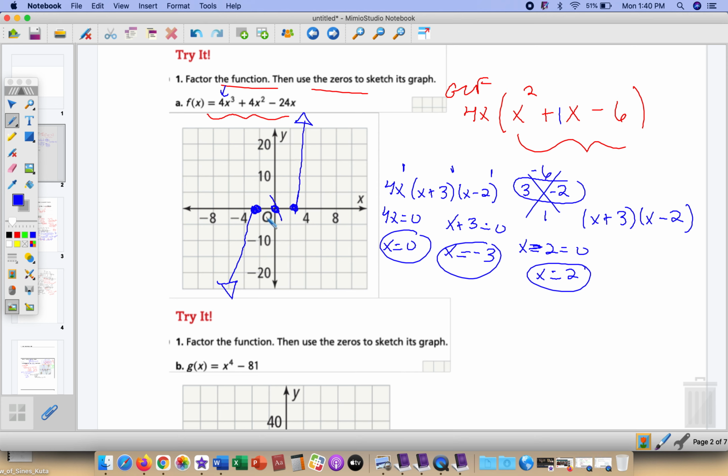And we could plug in some values to see what's happening. So we could plug in negative 1 if we wanted. So 4 times negative 1, negative 1 plus 3, negative 1 minus 2. So we have negative 4 times 2 times negative 3. So 8, 6, 24. So we would have negative 1 comma 24. So that would be way up here, right?